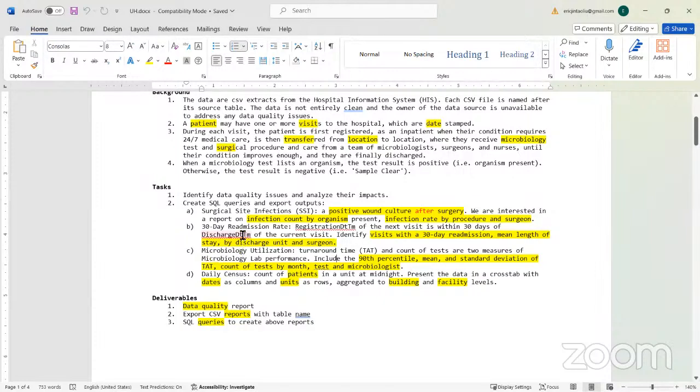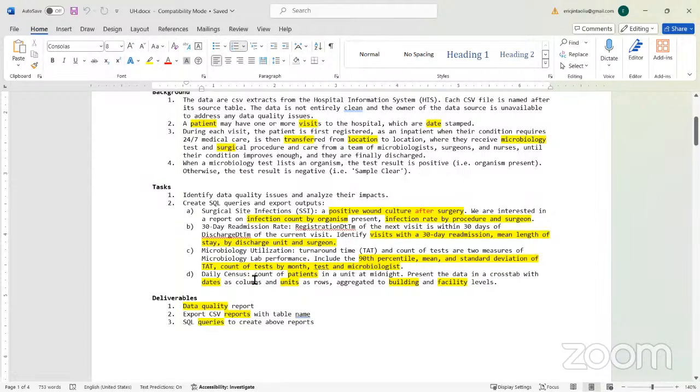Okay, so this is quality, and this is efficiency of the process. It measures the microbiology lab. First, turnaround time, how fast they turn around, and the number of tests they can perform, right? So include the average and standard deviation of turnaround time and number of tests by month, by test, by microbiologist, right?